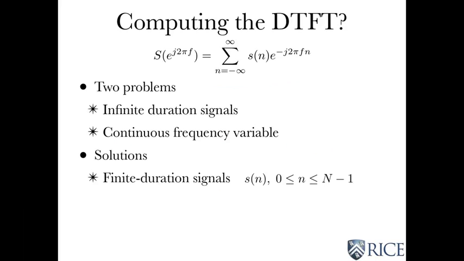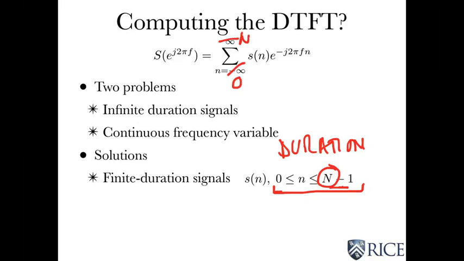Well, I think solving the first one is pretty obvious. What we're going to do is restrict ourselves to finite duration signals, signals that are defined over 0 to N minus 1. So capital N is the duration of this signal, the number of signal values we have, and it's because we started at 0 that this upper limit goes to N minus 1. So that's pretty straightforward. That just changes these limits to be 0 to N minus 1.